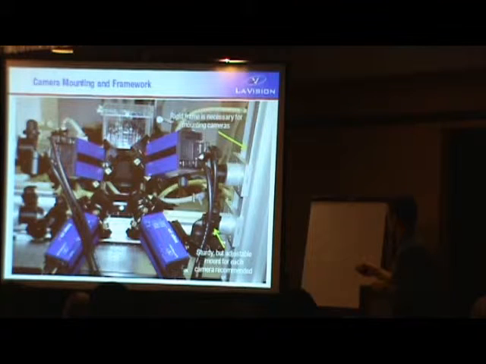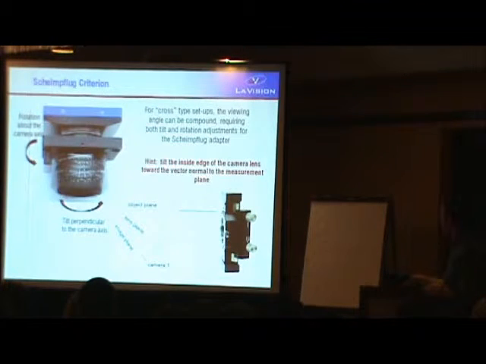A setup like this, you have a complex viewing angle and a complex Scheimpflug angle. Okay? So you have to be able to account for not only the tilt perpendicular to the camera axis, but also the rotation angle of that Scheimpflug angle, so that you can achieve focus all the way across your field of view.